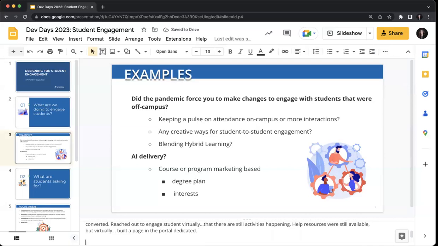We did modify a lot of our services, like many appointment systems, to simply start using Zoom links and phone appointments rather than in person. But in terms of uPortal itself, in our world, the portal is just one of the tools that students use, and they don't have to use that tool.